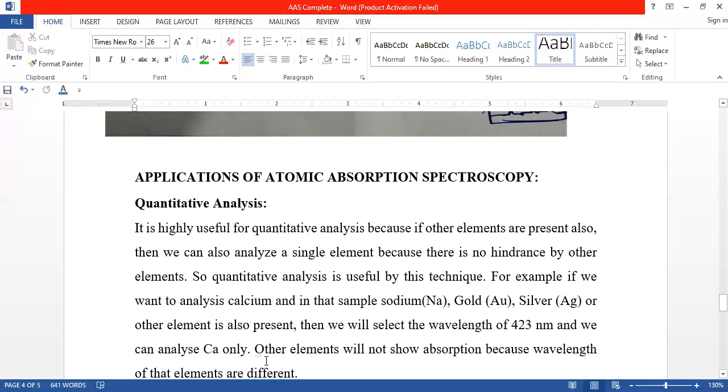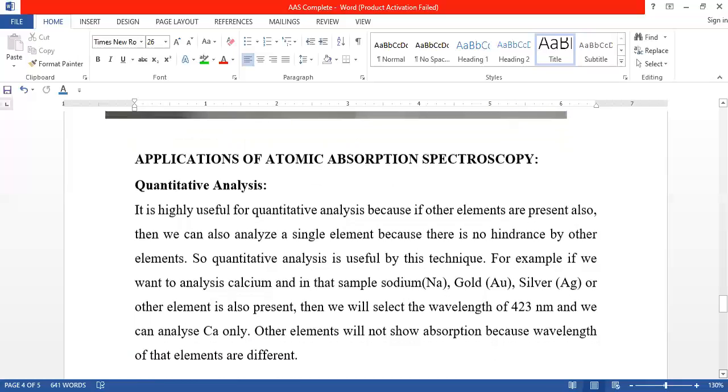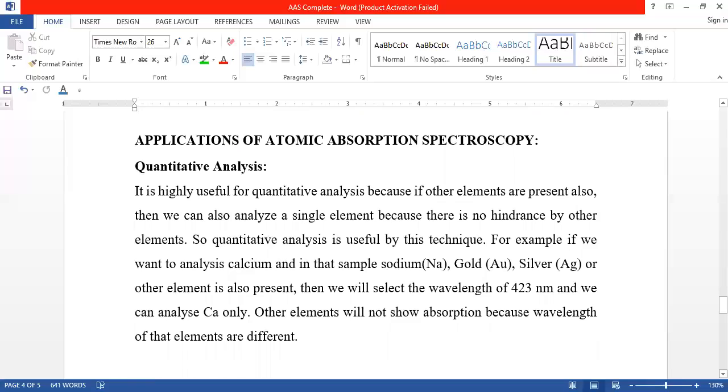Other elements will not show absorption because the wavelengths of those elements are different. Each element shows its absorption at a different wavelength.